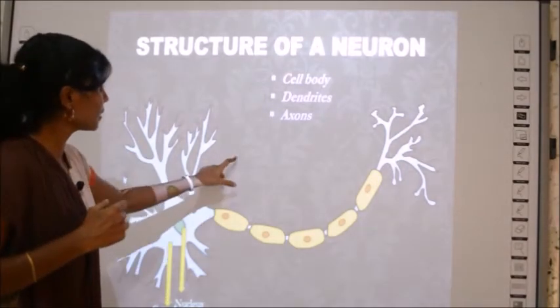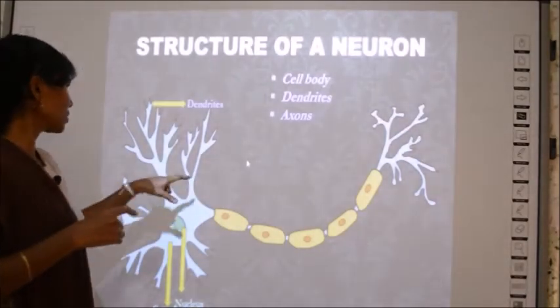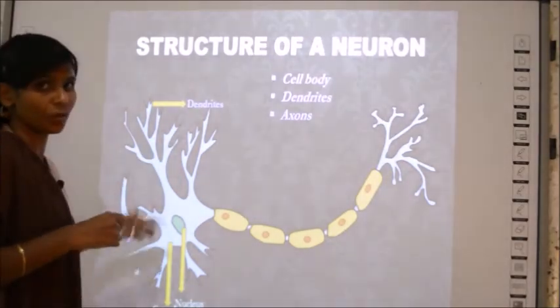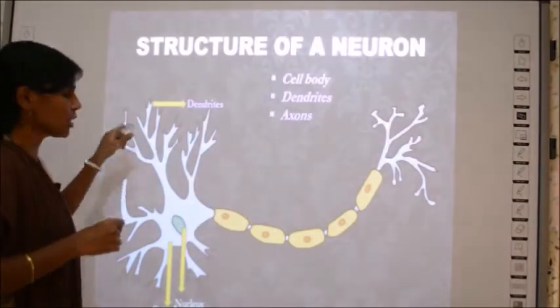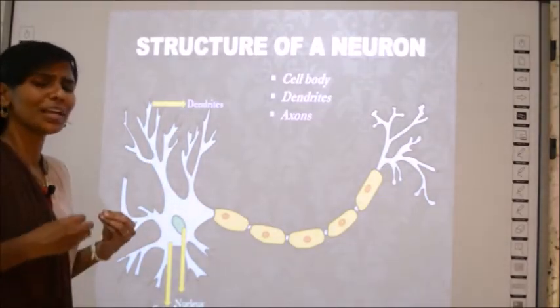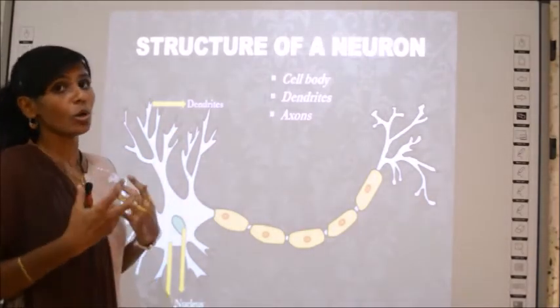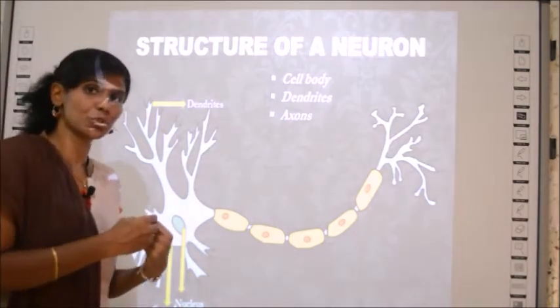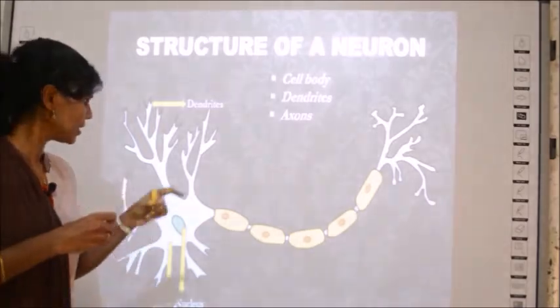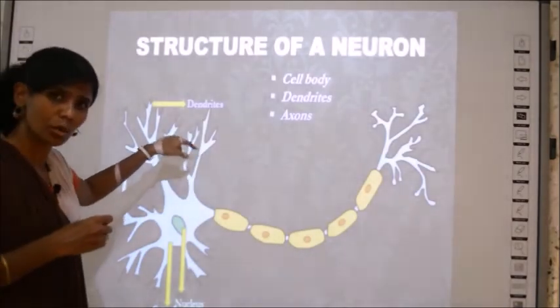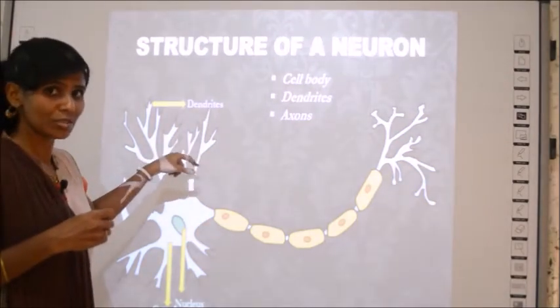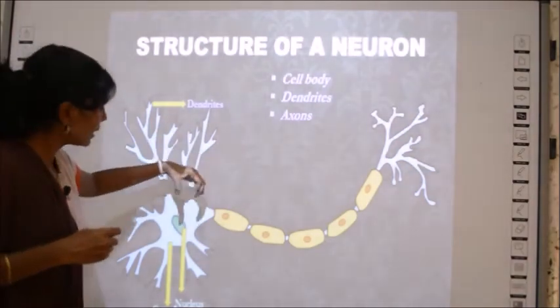Now let's move on to the second part, that is dendrites. These branches are called dendrites. What are dendrites? The branches are called dendrites. To explain it further, dendrites are extensions of the cytoplasm. If you see inside the dendrites also, you can find this blue colored region, that is the cytoplasm. Can you see? That's why it is called an extension.